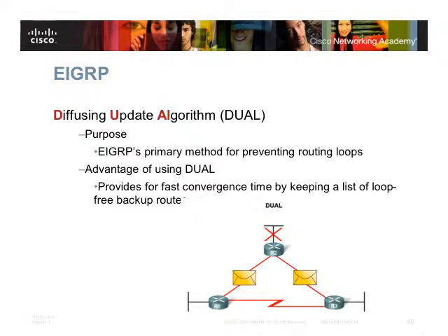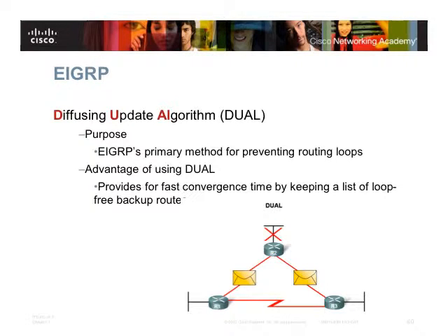Okay? And of course, DUAL provides fast convergence because it's on demand. I don't have to wait for periodic updates every 30 seconds. Here, I create the route on demand, so I can reach convergence faster than if I had to wait 30 seconds every time to exchange route updates.